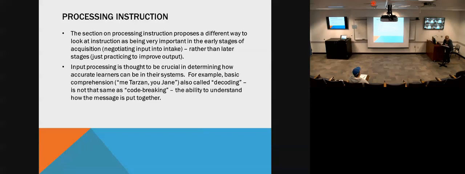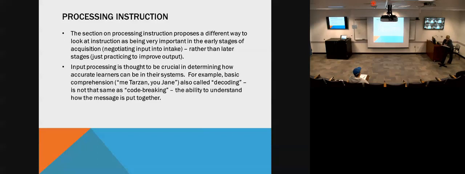That's code breaking. Now, it may be that this affects adult levels of fluency, right? It takes us longer to move from less automatic processing across to more automatic processing, so that temporarily causes our fluency to be a bit of a problem, because in Krashen's terms, you're monitoring, right?